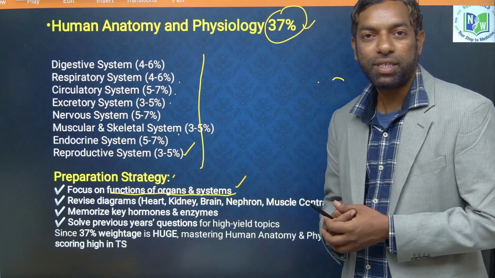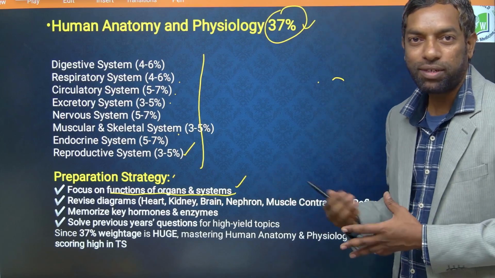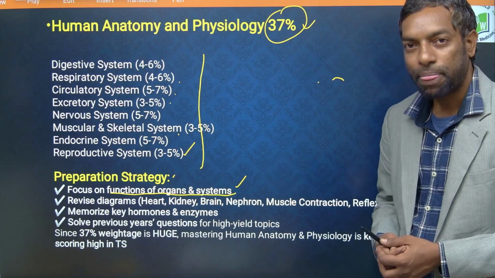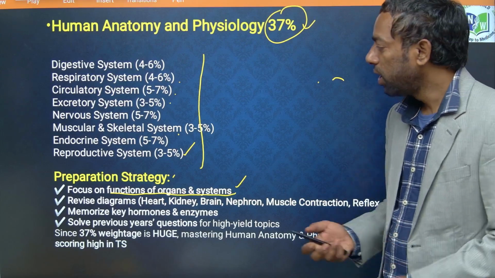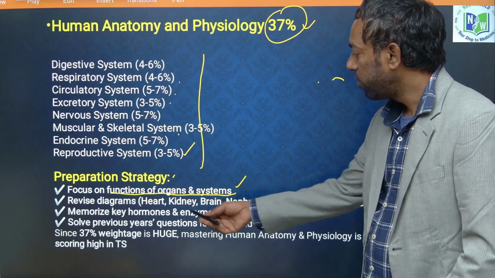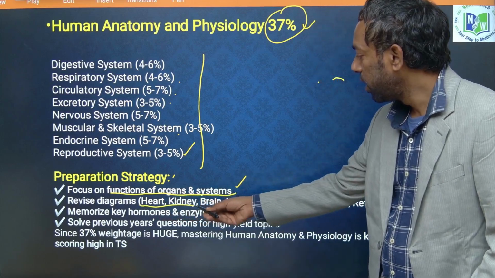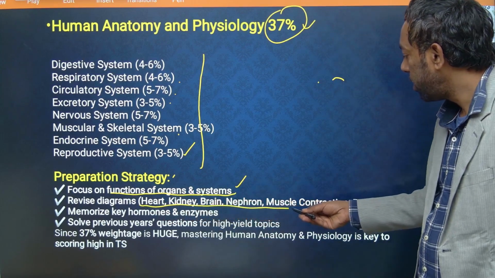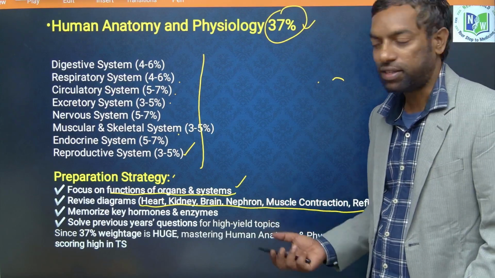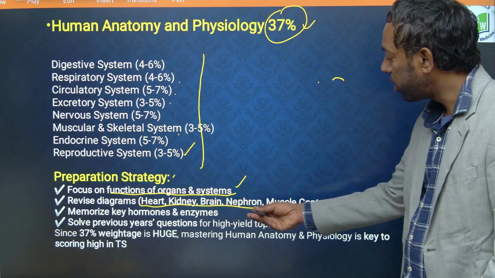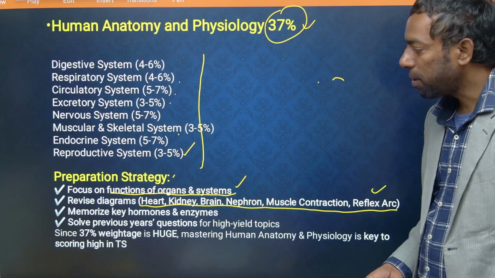Where the open circulatory system is and where the closed circulatory system is, the differences between arteries and veins. They will ask such questions. Then the heart, kidney, brain, nephron, muscle contraction, and the reflex action in the nervous system. You have to focus on these organs.